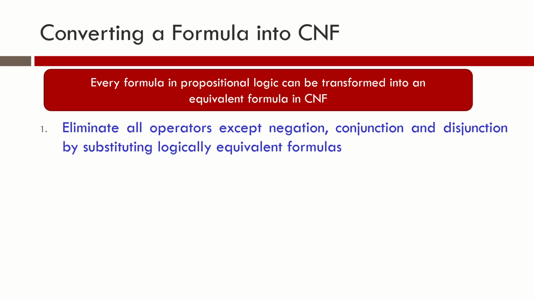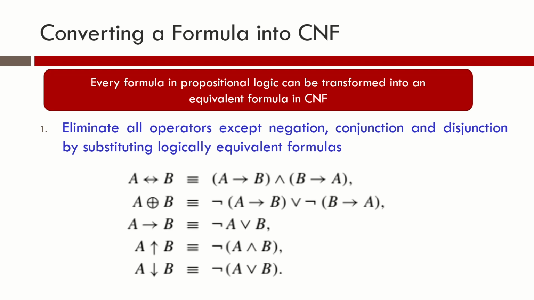And for that we can use logically equivalent formulas. See, this is the set of logically equivalent formulas. Suppose your formula contains A implies B. A implies B should be rewritten as negation A or B. This is an equivalent formula.